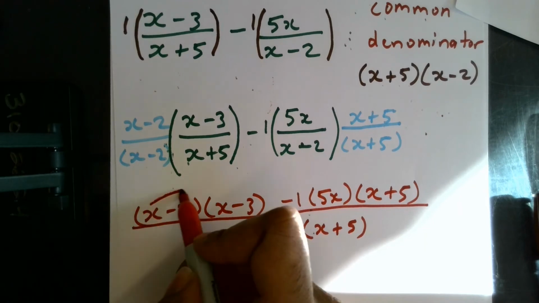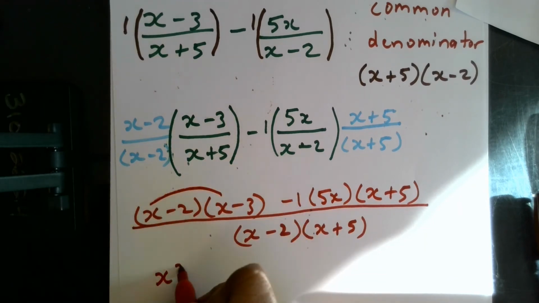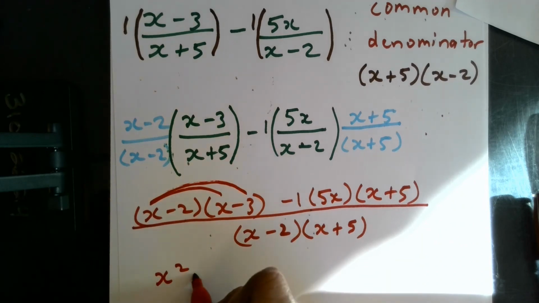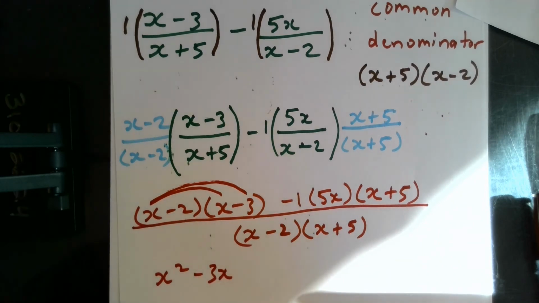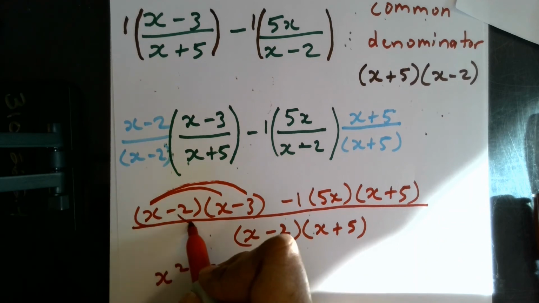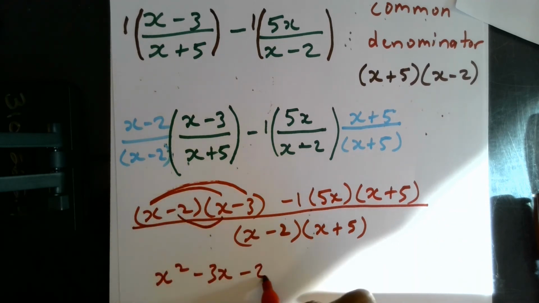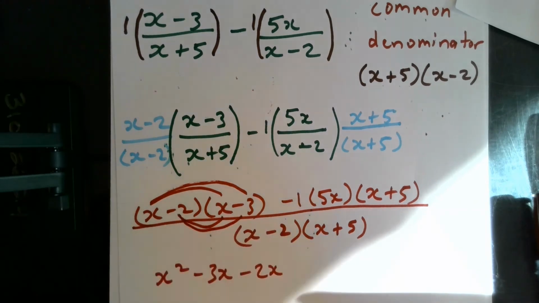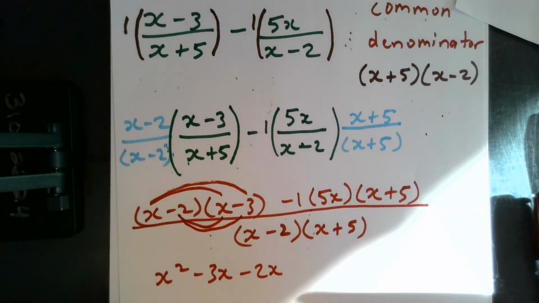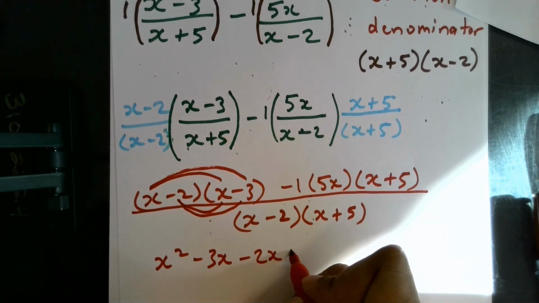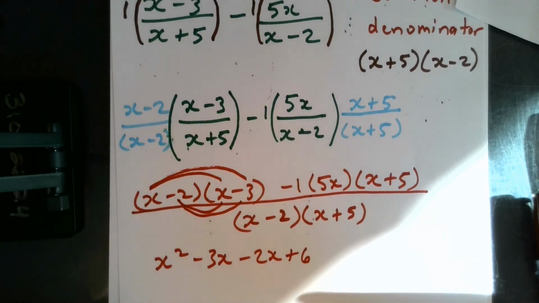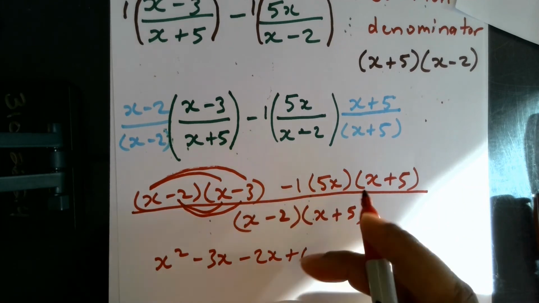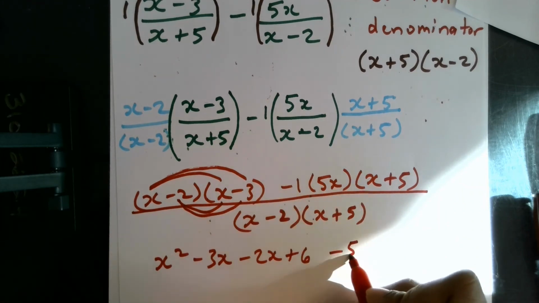So x times x, that's x squared. x times negative 3, negative 3x. Negative 2 times x, that's negative 2x. Negative 2 times negative 3, that's positive 6. Negative 1 times 5x, that's negative 5x.